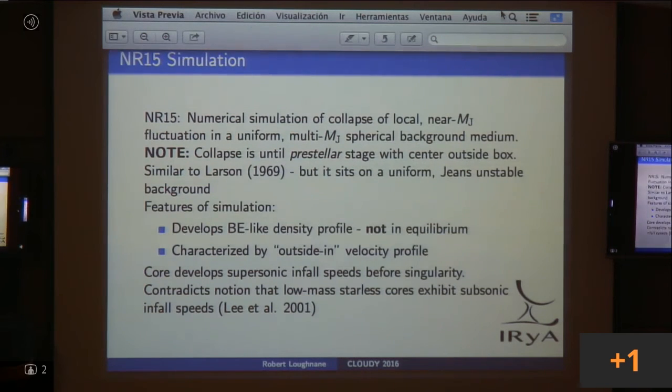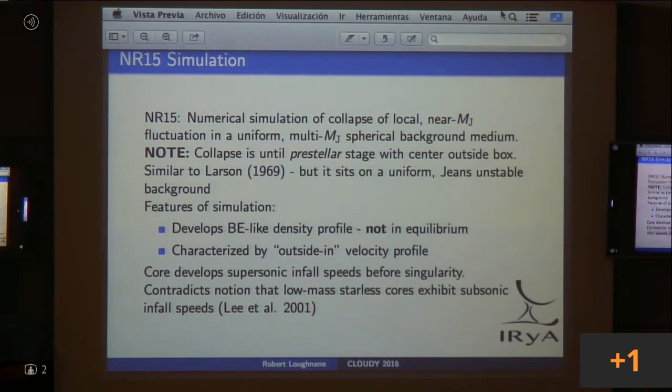The endpoint is the construction of the star, or the time steps coming up to that. So the collapse is limited to the prestellar stage with the collapse center of the background medium outside the box. That's very important here. So the whole simulation is mimicking, if you will, a fluctuation in the midst of a globally contracting molecular cloud.